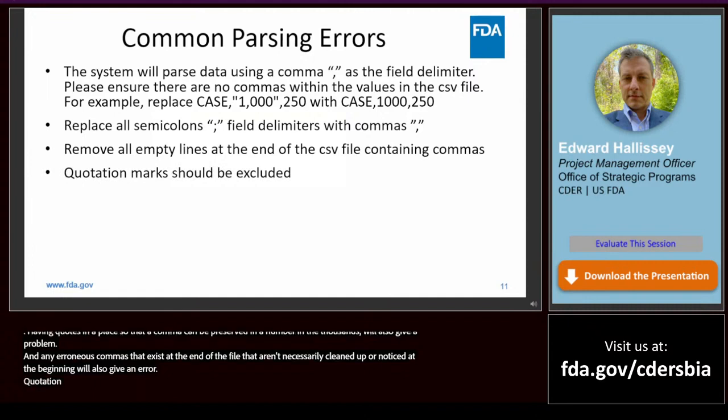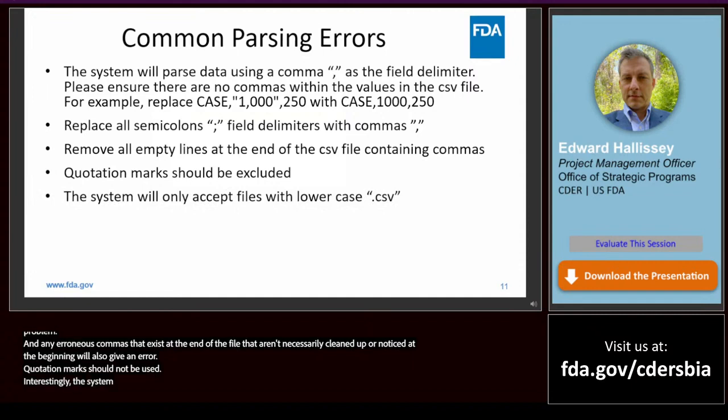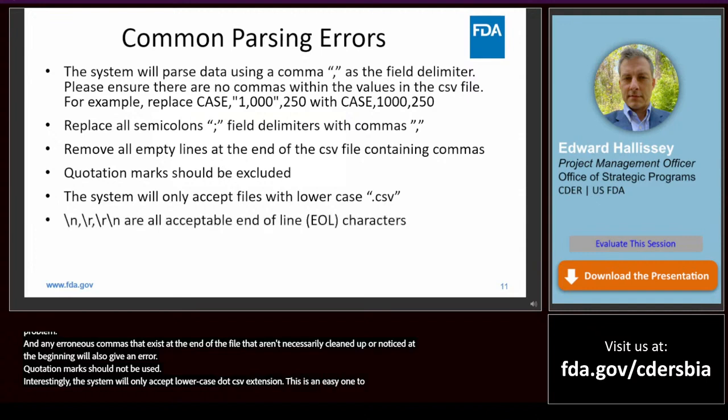Quotation marks should not be used. Interestingly, the system will only accept lowercase .csv extension. This is an easy one to check for, a lot easier to find than a misplaced comma.